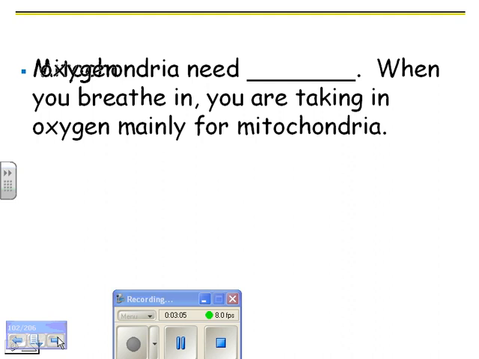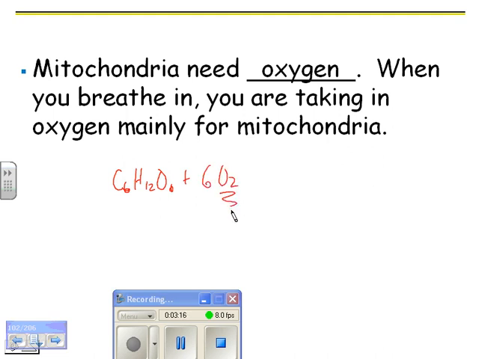The mitochondria need oxygen. You know that because it's C6H12O6 plus oxygen. So you need your oxygen in order to do this reaction. When you breathe in, you're taking in oxygen mainly for the mitochondria. Thank you, respiratory system.